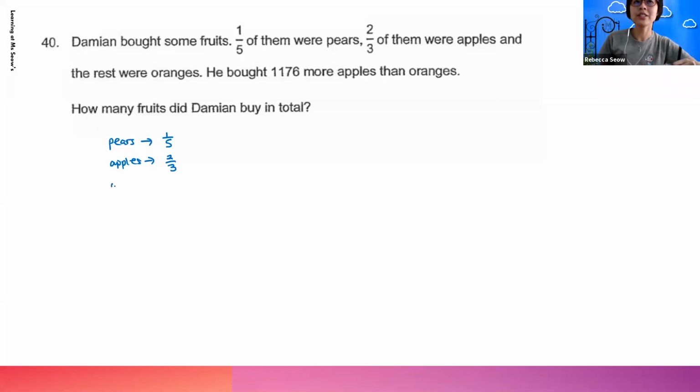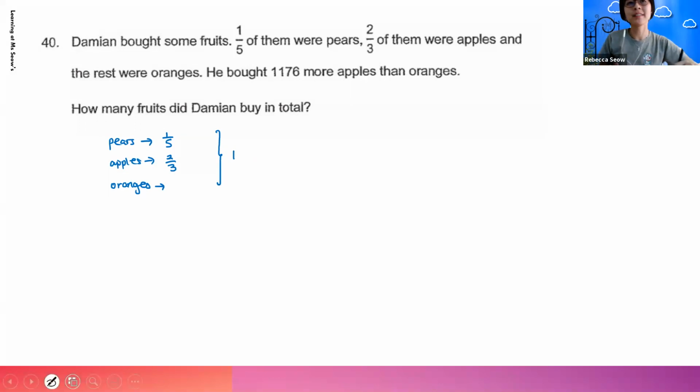So if oranges are not mentioned, and we know that there are 3 types of fruits in all, what we can say about the proportion of the total of the 3 fruits, we could put that as 1 whole, right? And if we know that the total is 1 whole and pears take up 1/5, apples take up 2/3, we can find a fraction that is taken up by oranges.